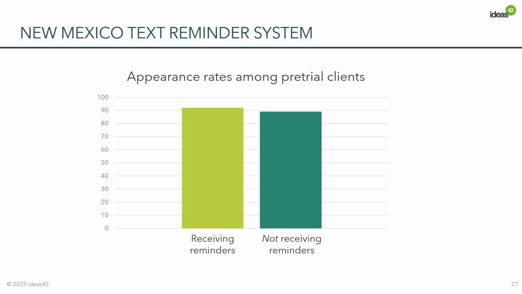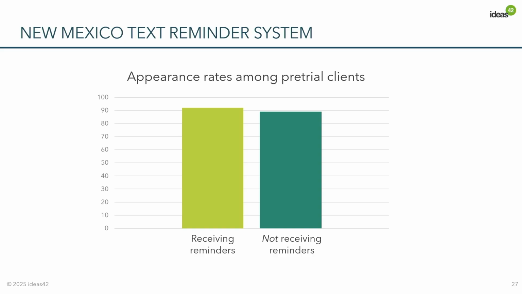So let's talk about the numbers. We know that pretrial clients do really well and appear to court probably more often than just your average person, right? Because they're involved with adult supervision. So we're sitting at almost a 90% appearance rate for people not receiving reminders. There's only about a 3 to 4% difference between not receiving reminders and receiving reminders.